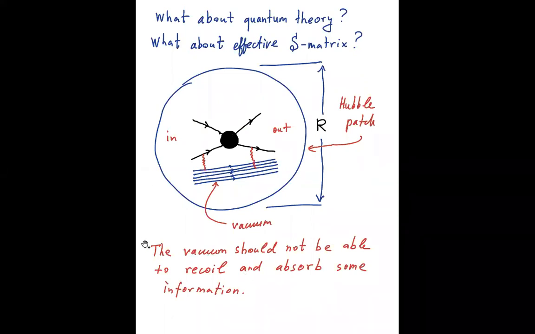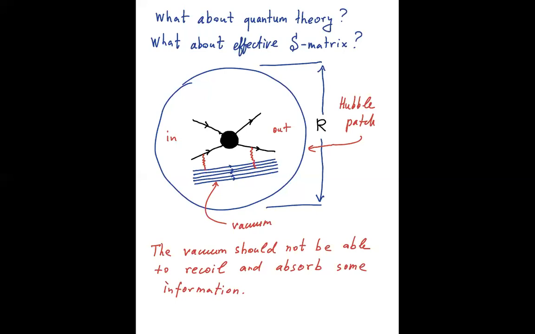Let's imagine for a moment that we are really entering an eternal de Sitter phase. Imagine that there is a positive, tiny cosmological constant, and our universe is entering into a de Sitter state. And now you can say, what's the problem?